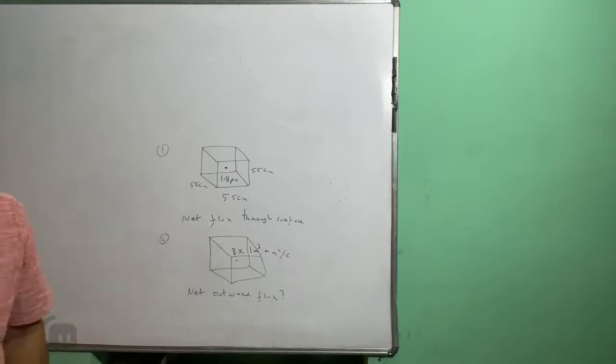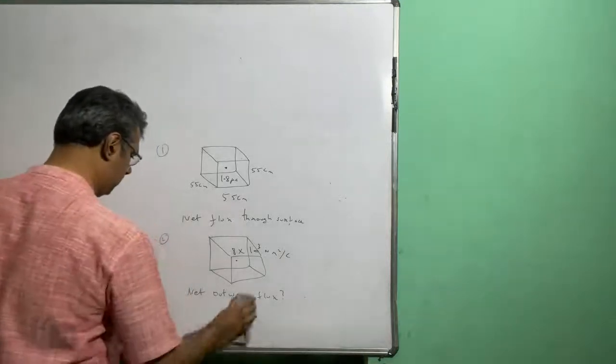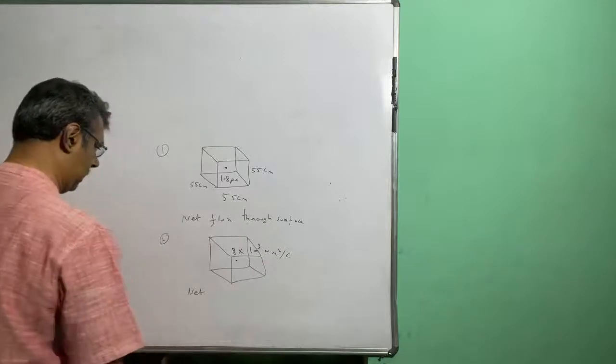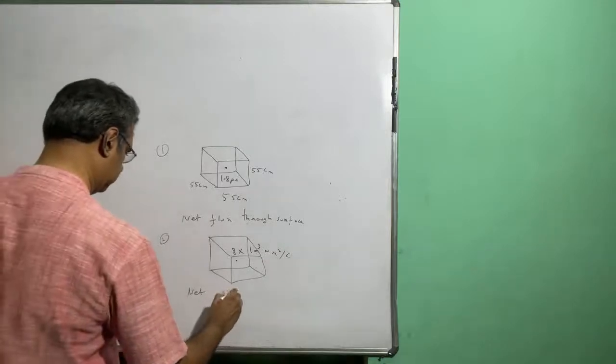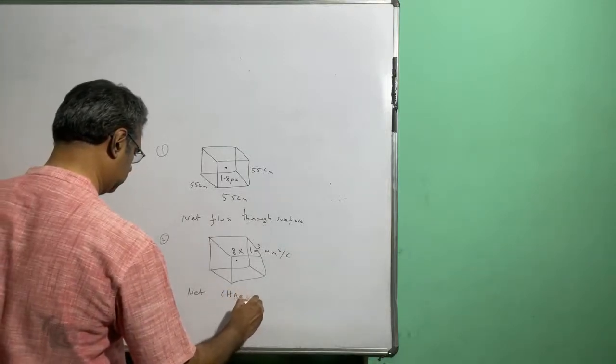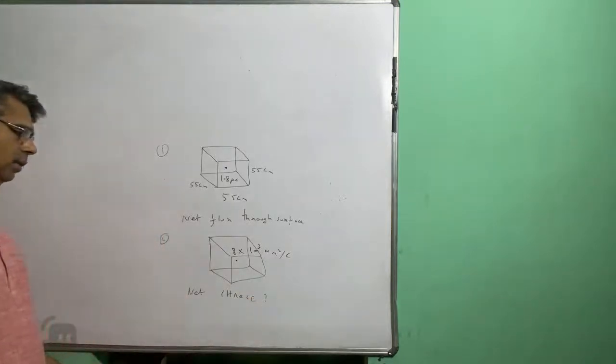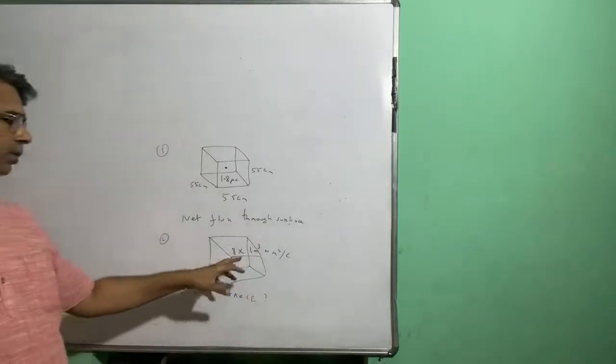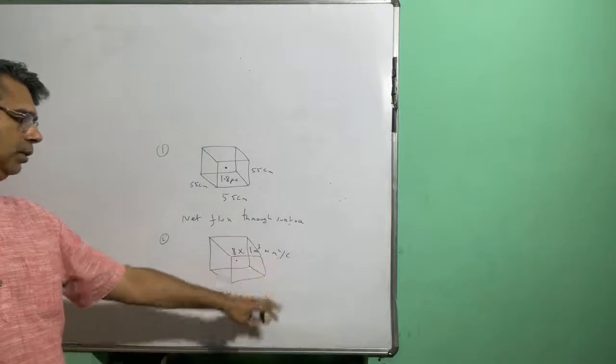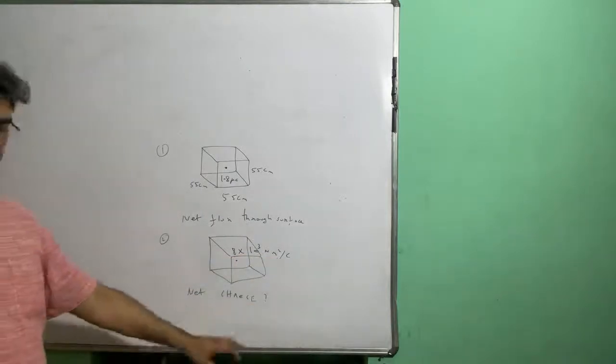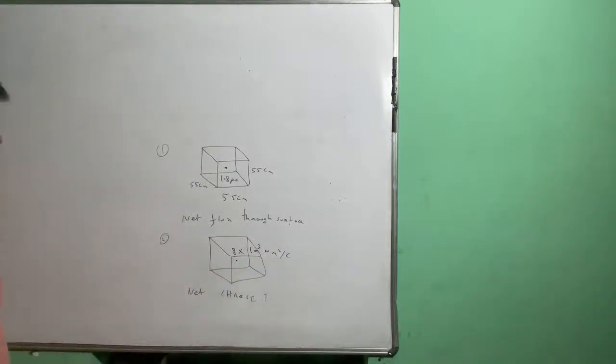The question is, what is the net charge? There is a box and the flux through the box is 8 into 10 to the power 3 Newton meter square per coulomb. The question is what is the net charge? This is question number 2.